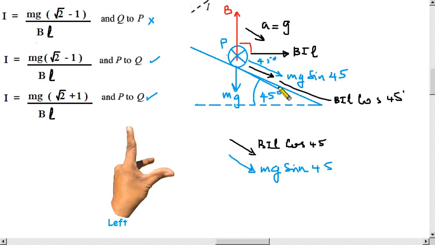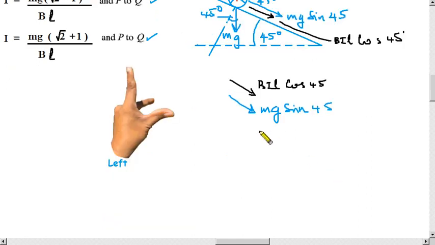The normal makes an angle of 45, so we turn this mg away from 45. If we turn the force away from a certain angle, we have to take sin. Therefore sin 45.